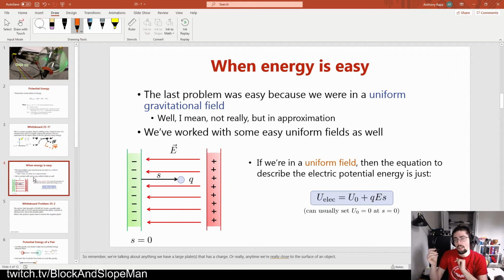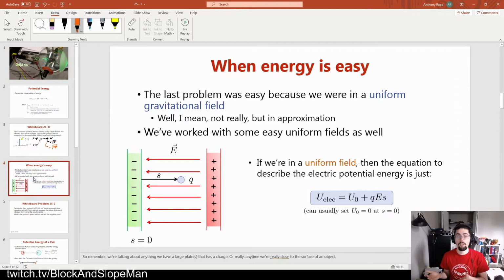But if we were to go out to the distance of the moon, for example, that's going to be a little bit more of a significant change. So we're going to stick to this small change or constant force kind of idea for now. And where might we find a constant force when we're talking about the electric force specifically?